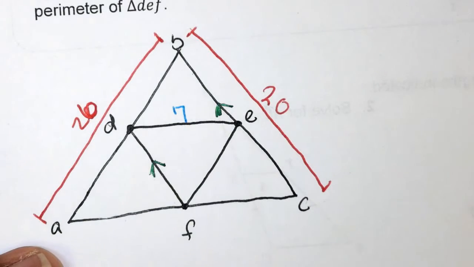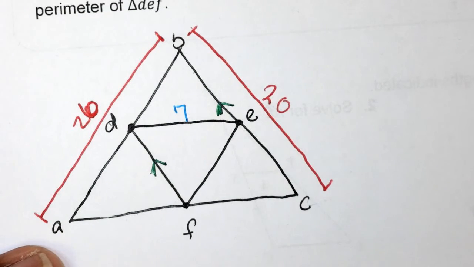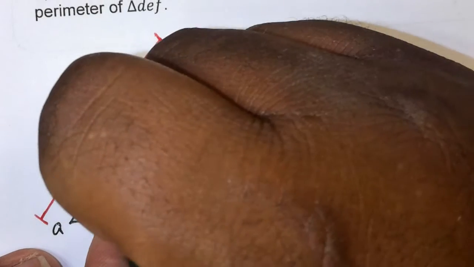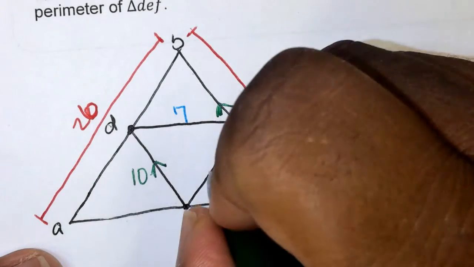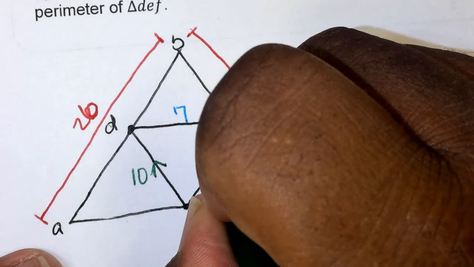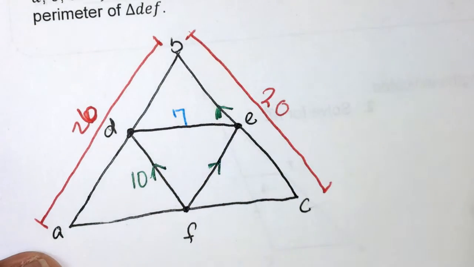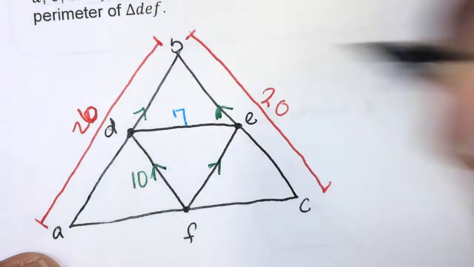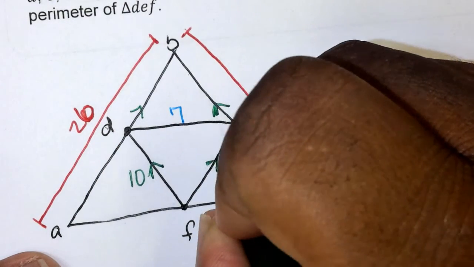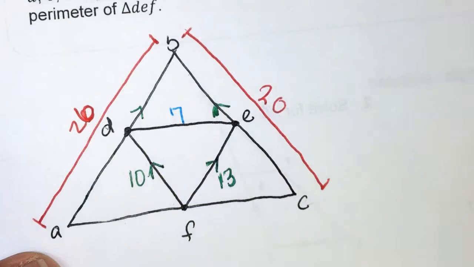So let me ask you again. What's DF? 10. Okay, EF is parallel to what? Let's just talk about parallel right now. EF is parallel to what? AB, right? Half of 20. So y'all said 13, yeah?